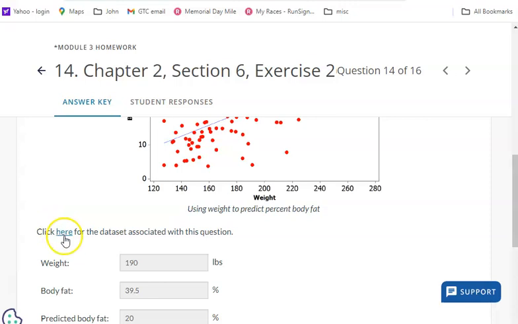And if you're curious of what the exact correlation coefficient is, you can get the raw data in many areas in the homework. For example, here in Module 3 homework, question number 14, click here for raw data.